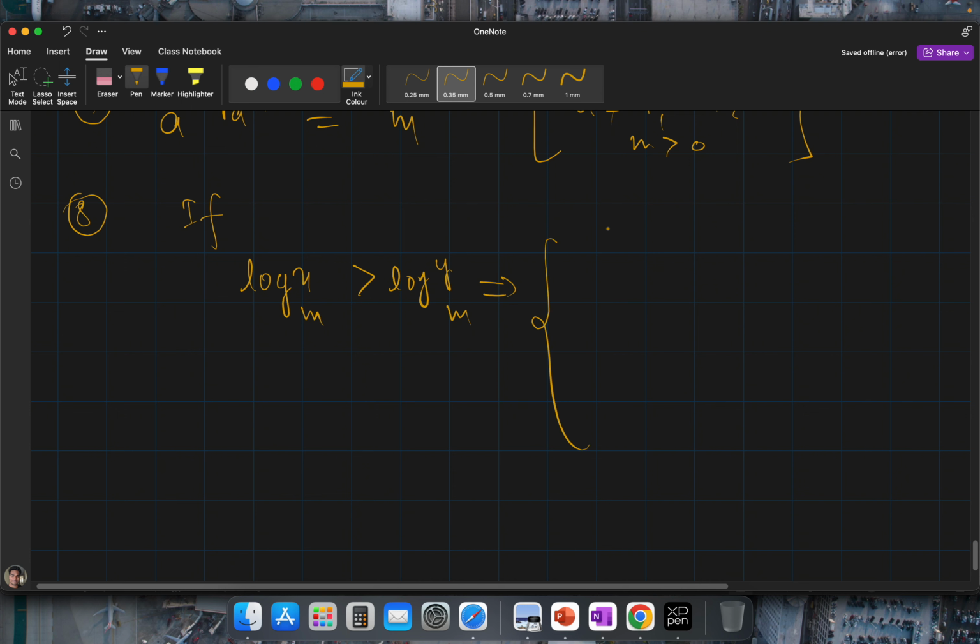Can someone tell me? Then you can write x is greater than or equal to y if m is greater than 1. But the solution will be x less than or equal to y if m is in between 0 to 1.